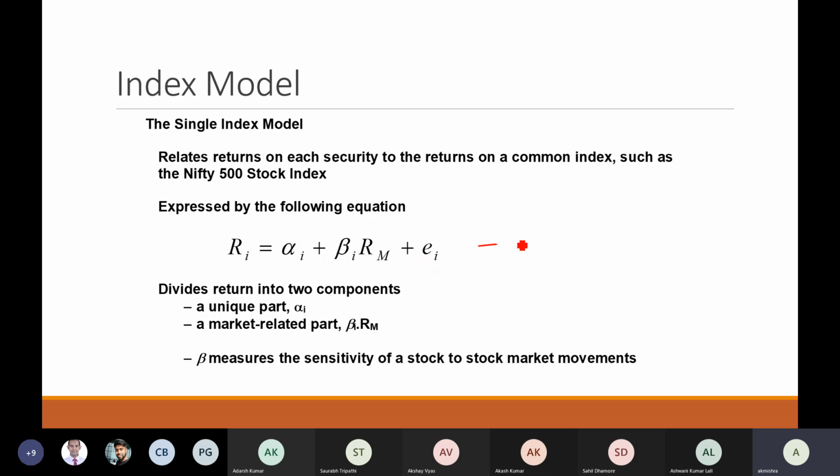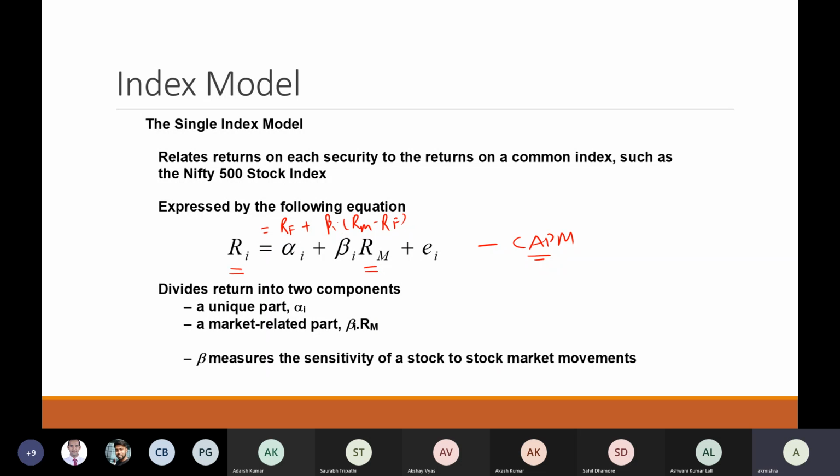The initial CAPM model, remember, is a function of your index model, the single index model. What the single index model is saying is that stock return, or expected stock return, is a function of market return. And if you compare this model with your CAPM model, in CAPM you get RF plus beta I times (RM minus RF).